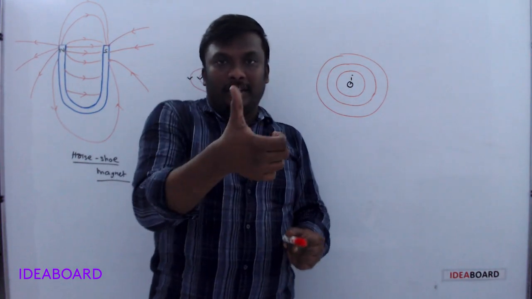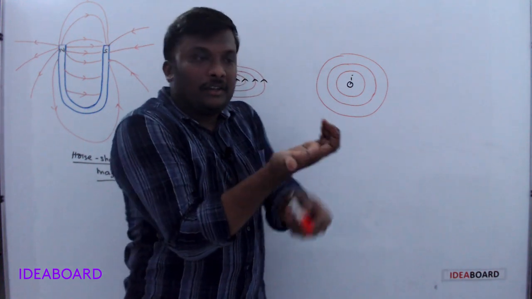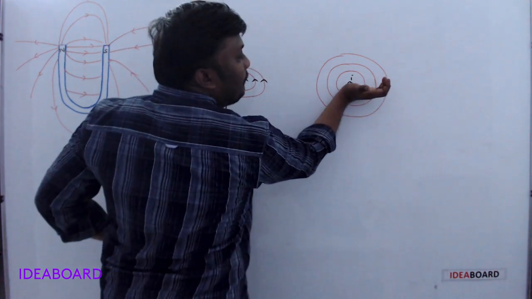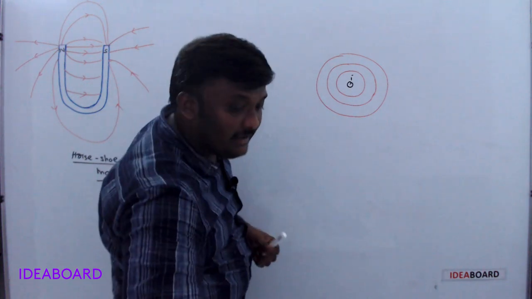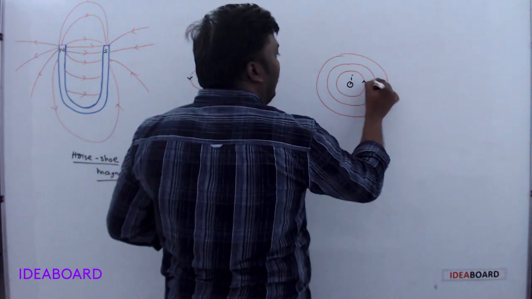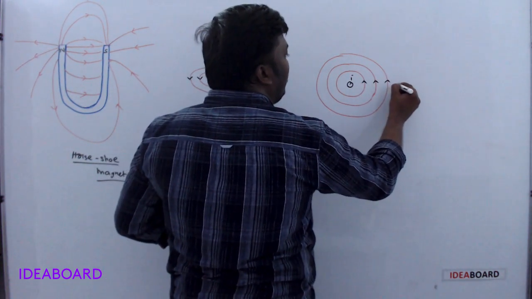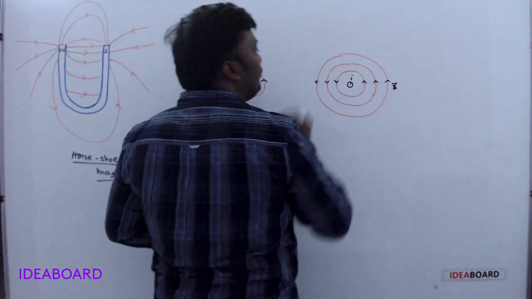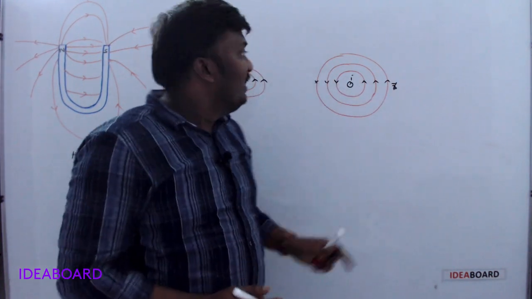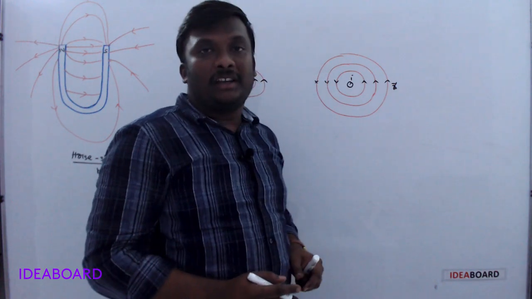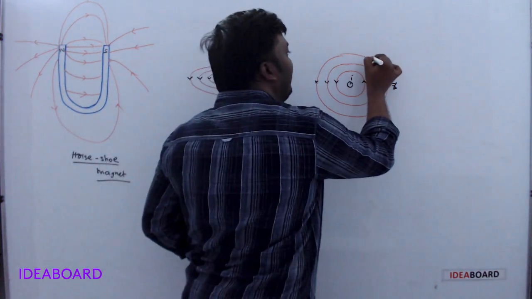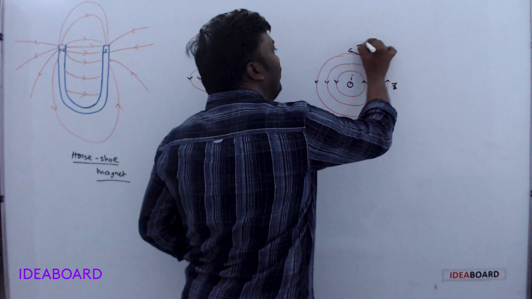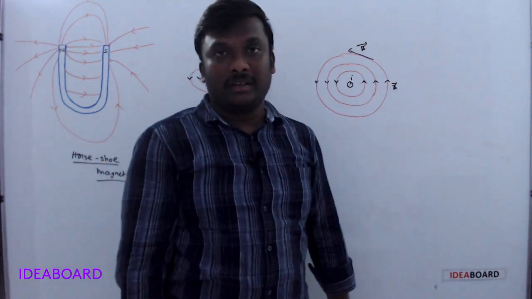By the right hand thumb rule, the thumb indicates the direction of current, so the magnetic field will appear in this way, in this direction. Understand? So anywhere you want the magnetic field direction, just draw a tangent at that place. You get the direction of the magnetic field.